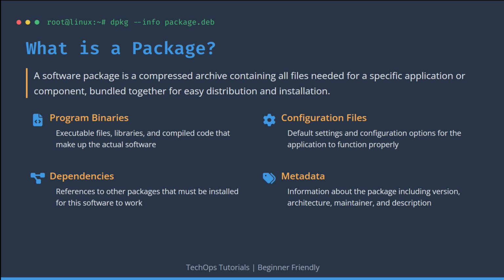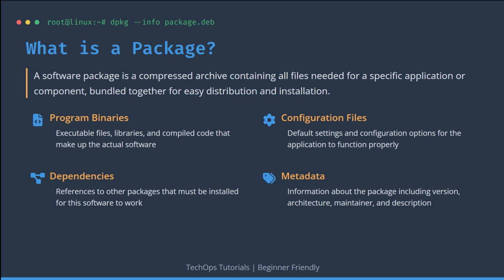Let's see one by one. Program binaries. These are the actual files that make the program work, like the executable file and libraries. Next is configuration files. These files store the settings that help the program run the way it's supposed to. Next is metadata.